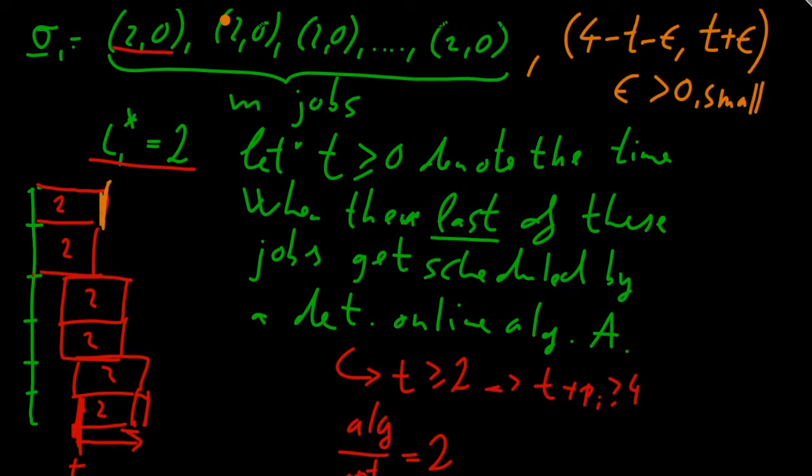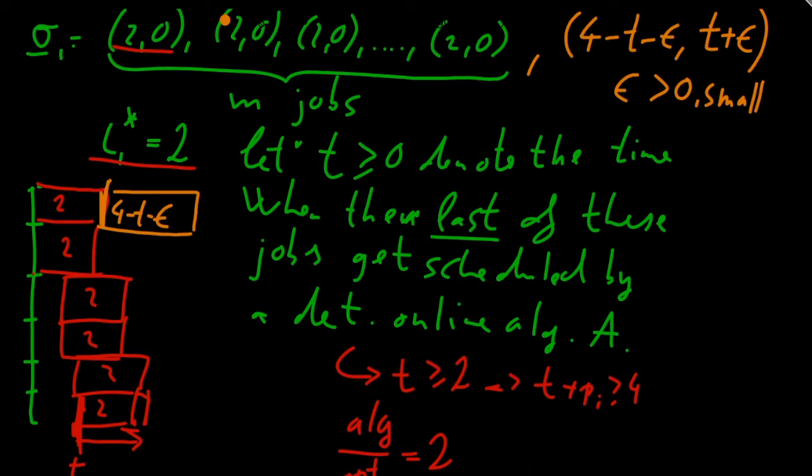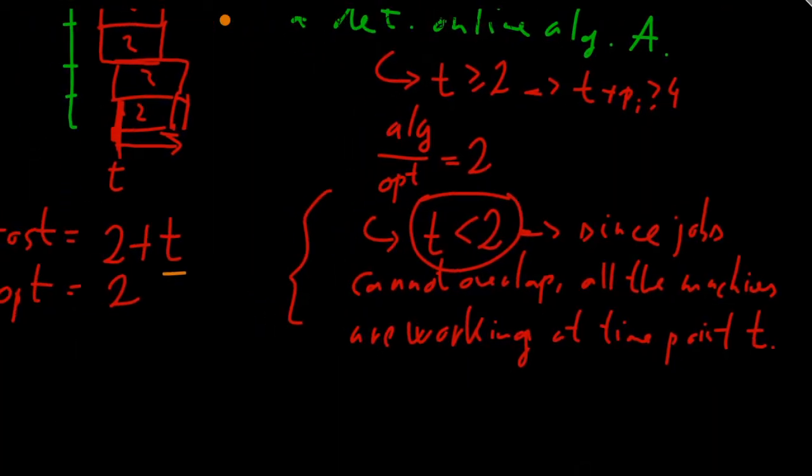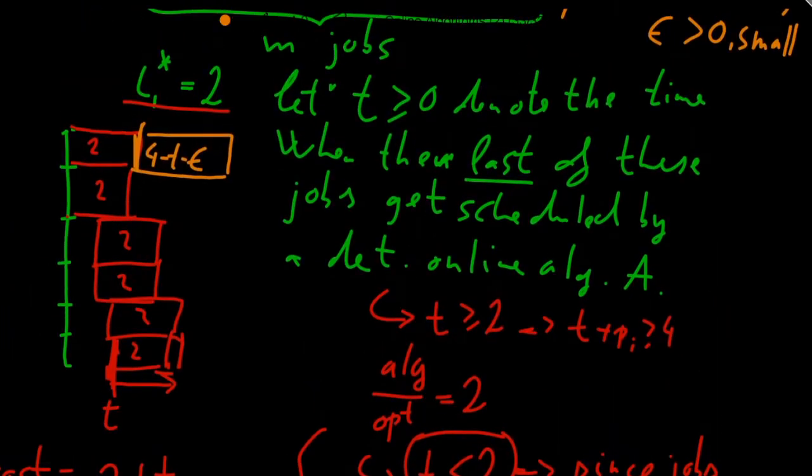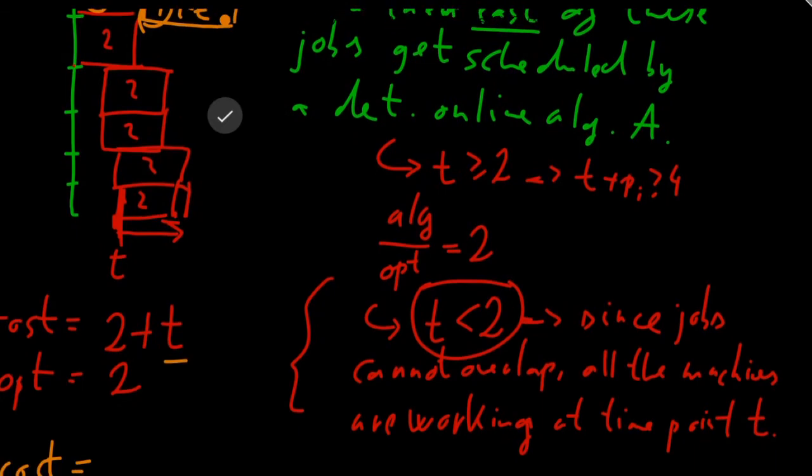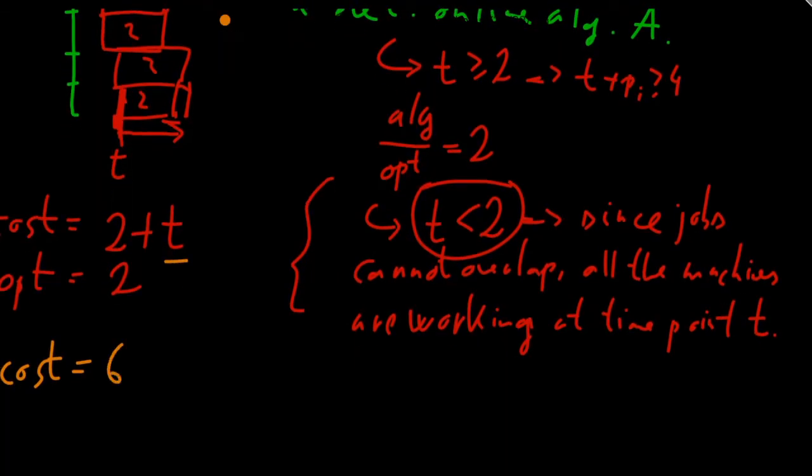So if there is a job which was allocated onto a machine at the beginning, at time point 0, then the algorithm can schedule this last job for 4 minus t minus epsilon there. Now in that case the cost will be 2 plus 6 minus t minus epsilon, so it's 6 minus t minus epsilon.